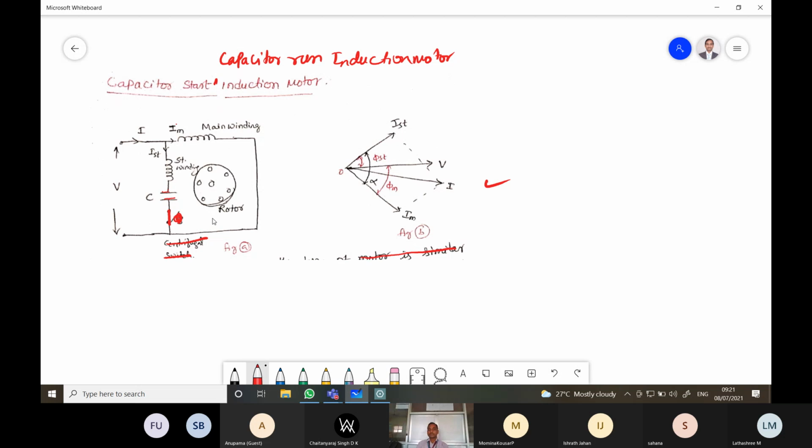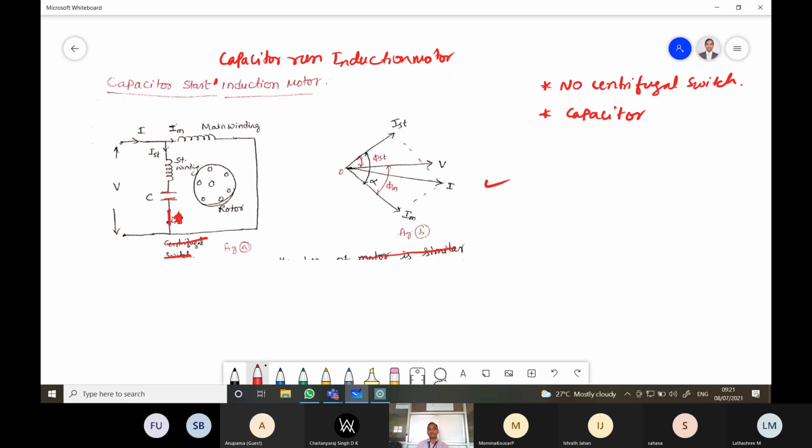Okay. So in this capacitor start, capacitor run induction motor, there is no centrifugal switch, and the capacitor remains permanently through the running. In the previous case, what happened? The capacitor is connected only at the time of the starting period.